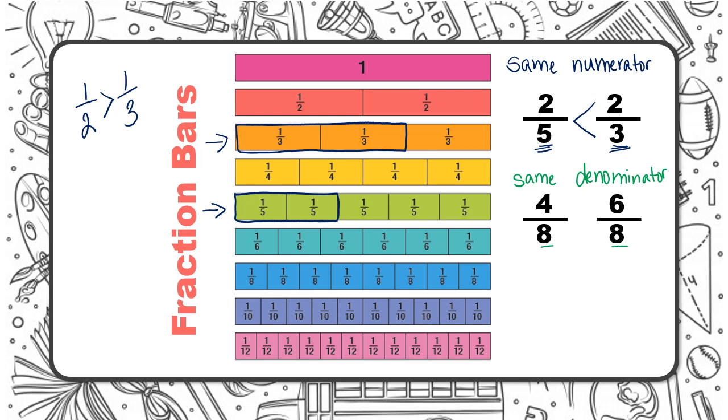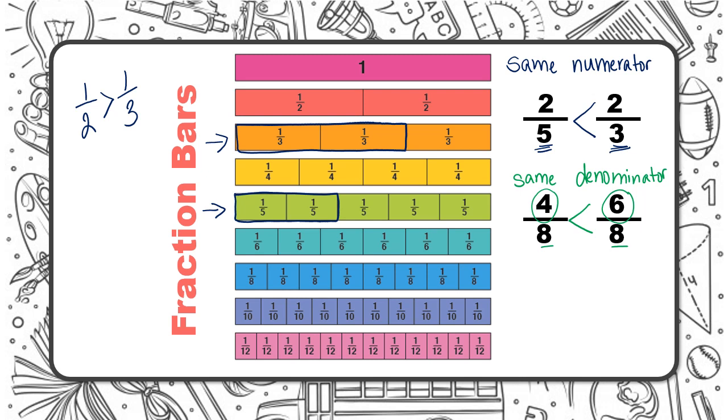Since the denominators are the same, now we're going to look at the numerators. And this one is pretty easy. It's 4 parts out of 8 or 6 parts out of 8. We know that since they're both out of 8, those parts are the same size. So now we're just comparing quantity. 4 parts or 6 parts. Well, 6 parts is greater.